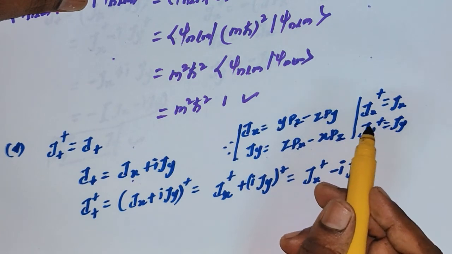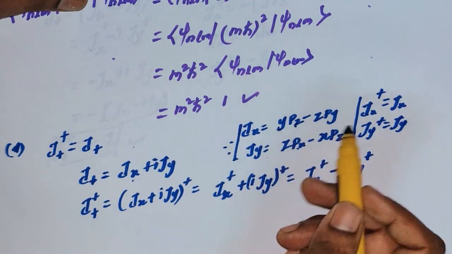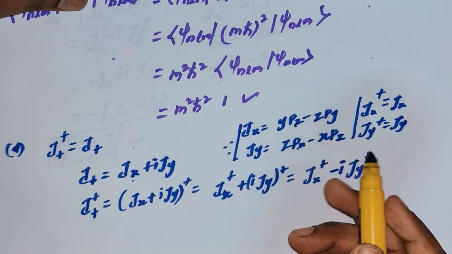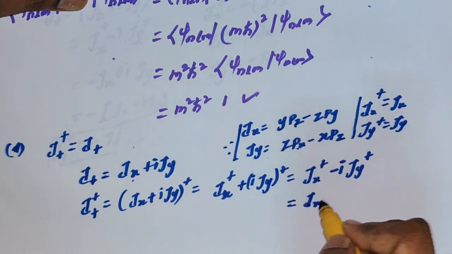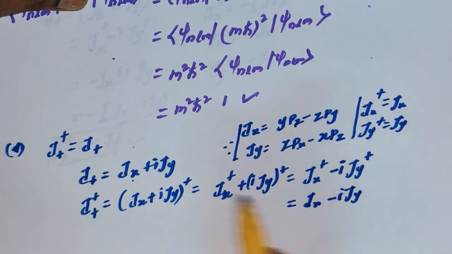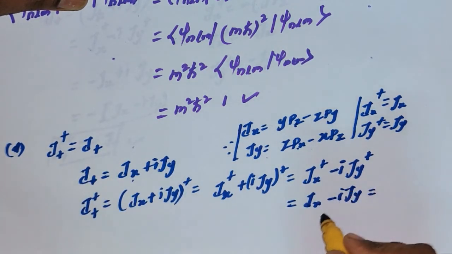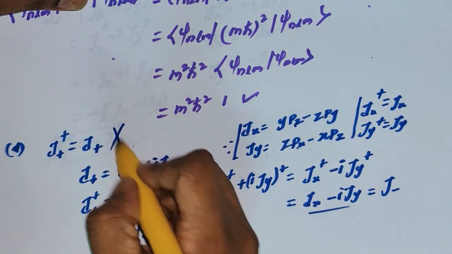So in general all the components Jx, Jy, Jz of the total angular momentum are Hermitian. So you can write this as Jx minus i Jy. We know this is the lowering operator J minus, so you can conclude that J plus dagger is equal to J minus, not equal to J plus. So this option is the wrong one.